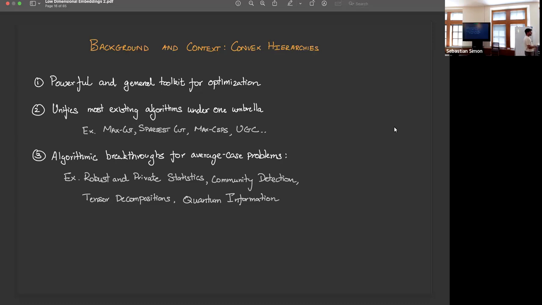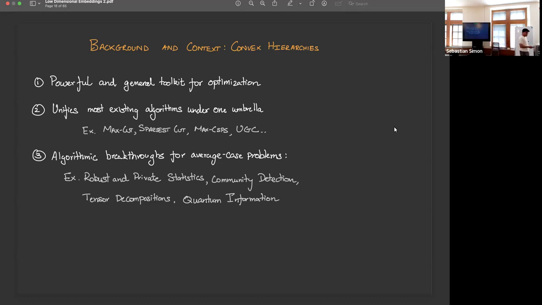So you can capture max cut, sparsest cut, max CSPs, even algorithms for unique games under one umbrella using these convex hierarchies. And there have been a lot of algorithmic breakthroughs using these hierarchies, but these breakthroughs are mostly on average case problems. These include results in robust statistics and community detection, but these are all average case problems.